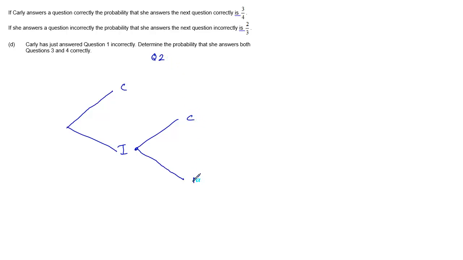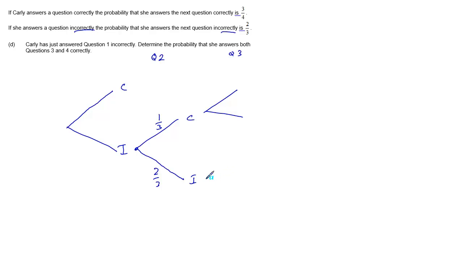So correct, incorrect. Now, if she's incorrect, the next question incorrectly is 2/3. So this would be 2/3. And this will be 1/3. And then we've got question 3.